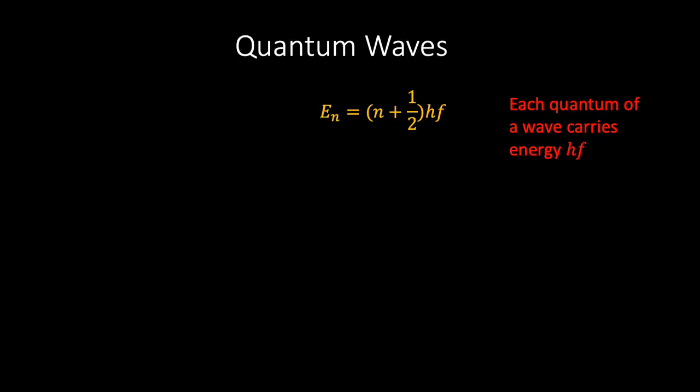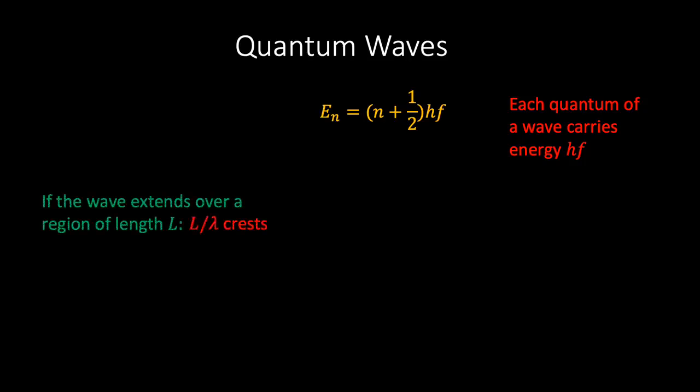Next, we can equate this quantized energy with the expression we just derived for a wave. Imagine that we have a wave of wavelength lambda that extends over a region of length L. Then clearly there will be L over lambda crests or wavelengths within this region, and therefore we can write the total energy in this region as follows.